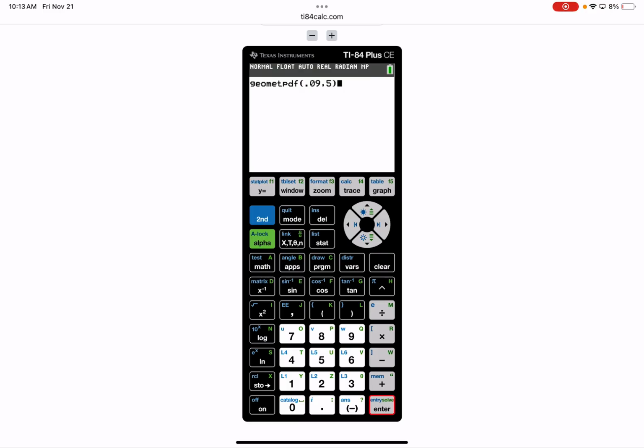And then when we hit enter, we get the same value that we found earlier. Okay, so this would be another option you could use. So whether you use the formula or the calculator, just make sure you show me exactly what it is you're doing. Again, for the PDF option with geomet, I typically just use the formula, but you can always use the calculator if that's more comfortable for you.